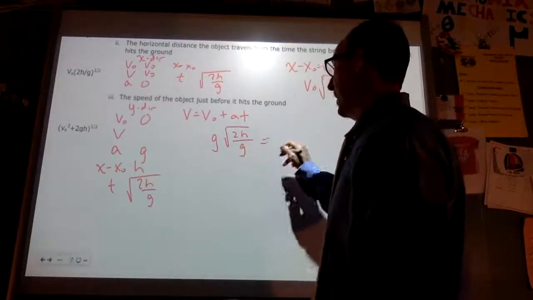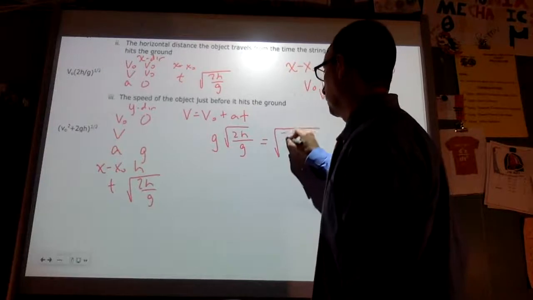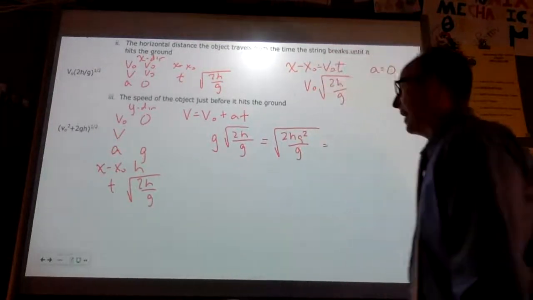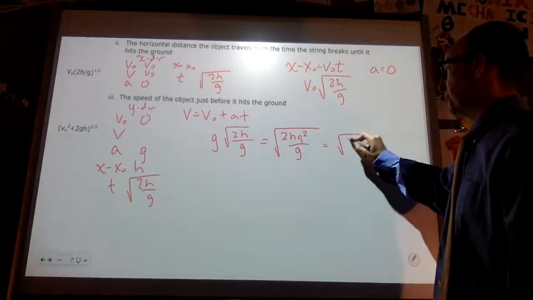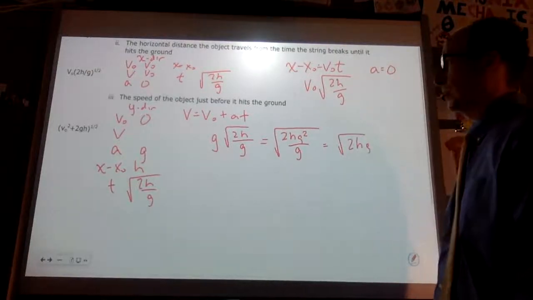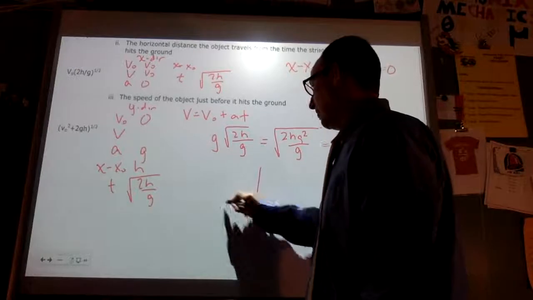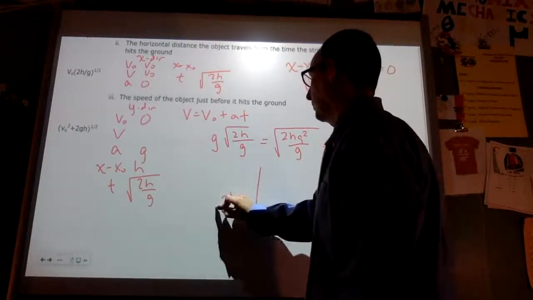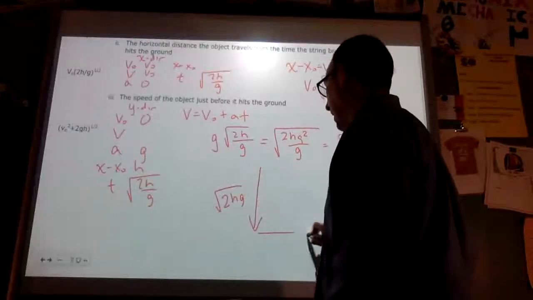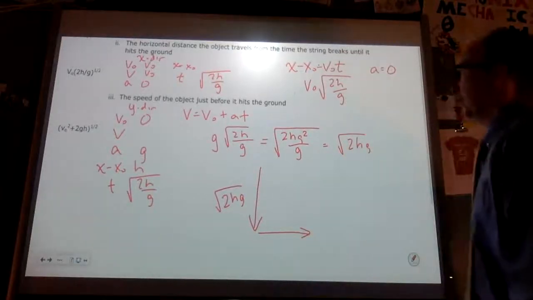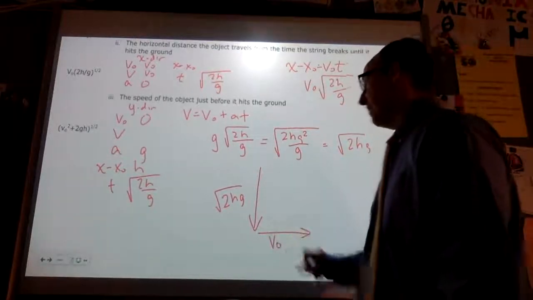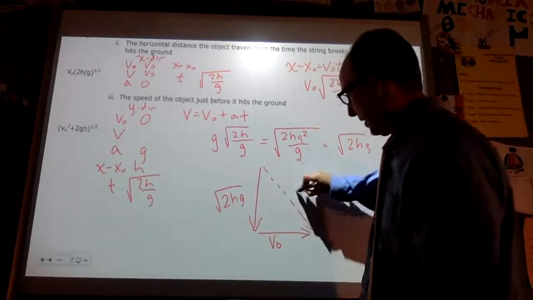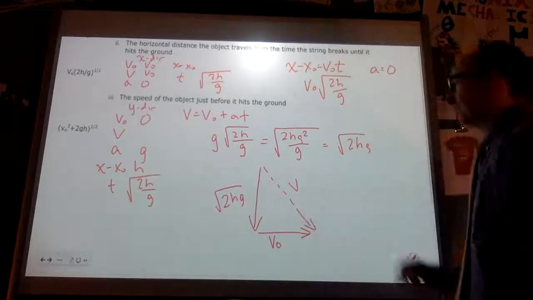So if I put g squared inside of there, and then I can just simplify this to 2hg. So I'm going down with the velocity of radical 2hg, and I'm going to the side with the velocity of v naught.